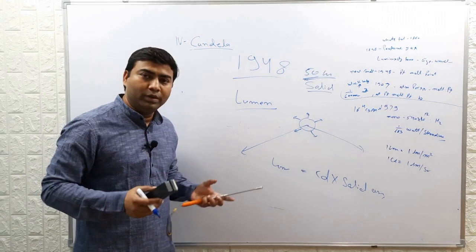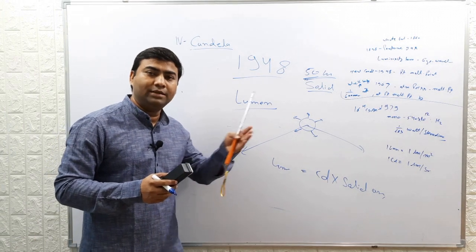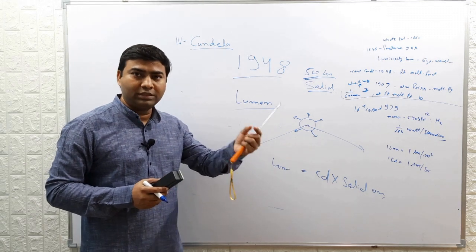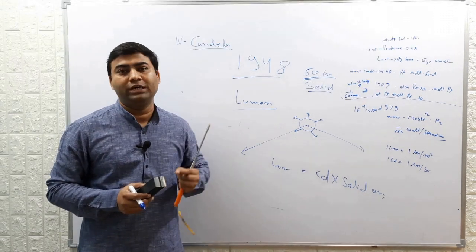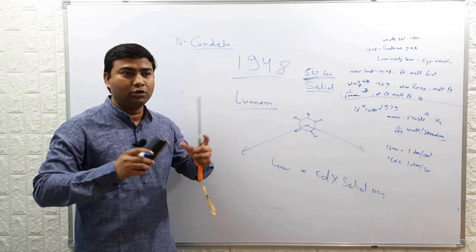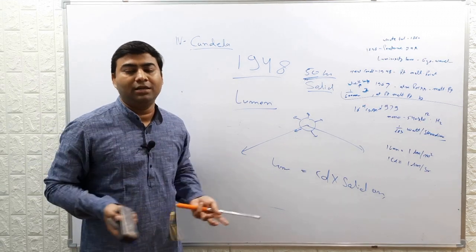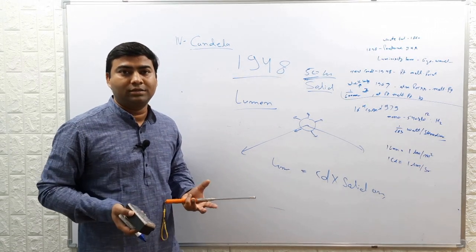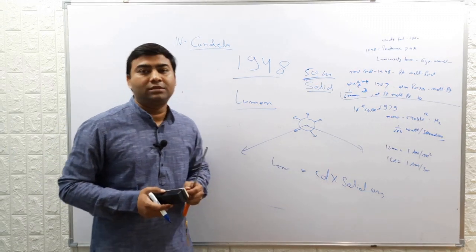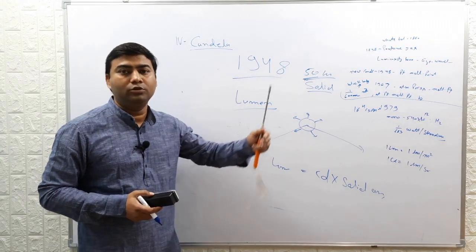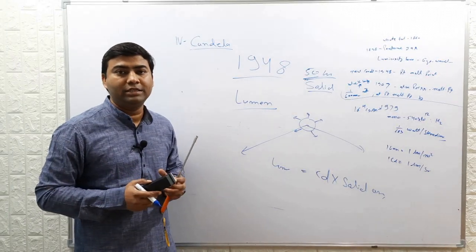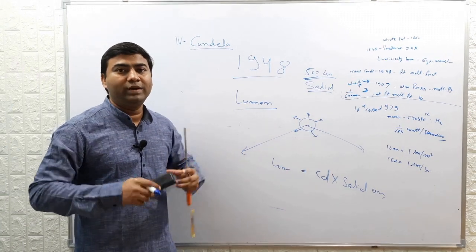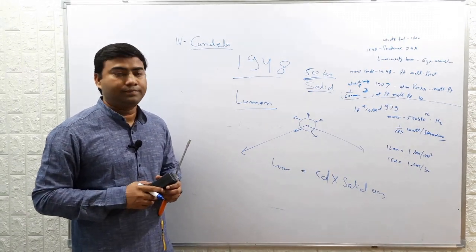So candela and lumen both are used to find the brightness of a source. Candela is defined for a source in a particular direction in unit solid angle region, whereas lumen is defined for all directions, total brightness in all directions. That is candela into solid angle to get lumen in that region. Candela into 4 pi gives total lumen in the total spherical region.